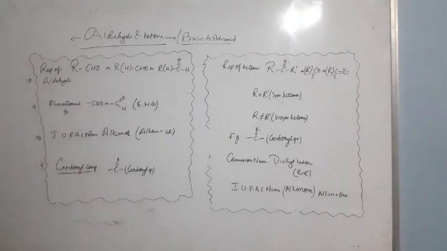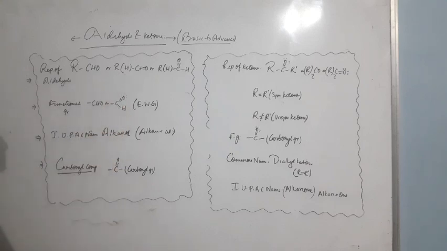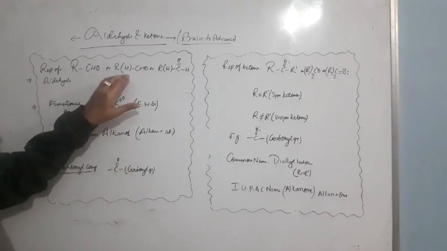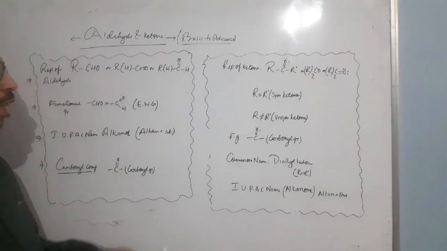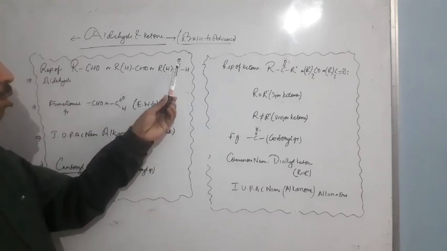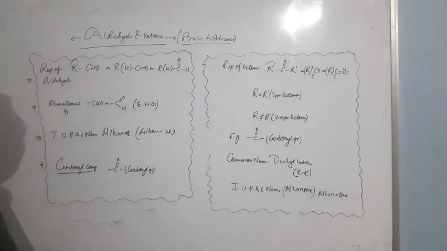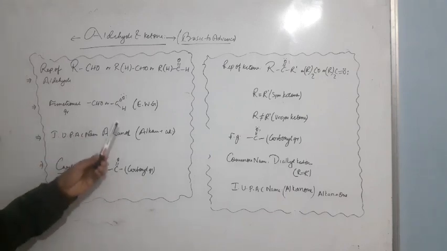How is aldehyde represented? R-CHO or R(H)CHO. The very first member of this family starts with hydrogen, HCHO, which is known as formaldehyde. It can be represented like this: R, H, C double bond O. The functional group is CHO, the aldehyde group.